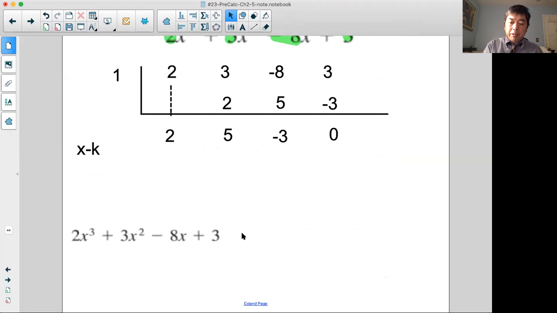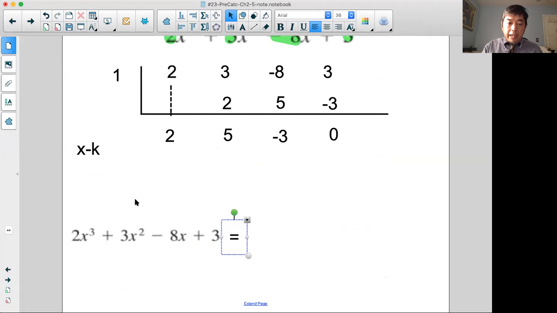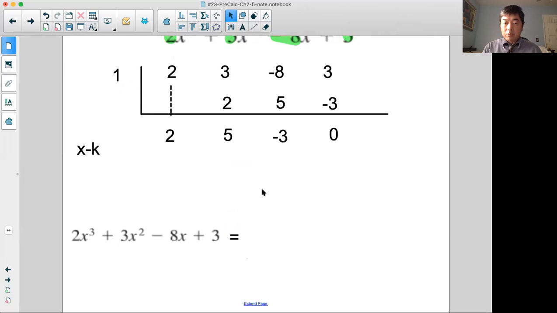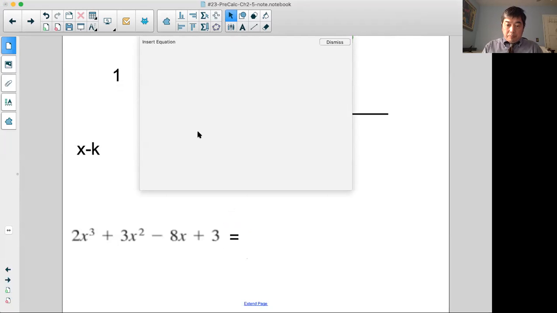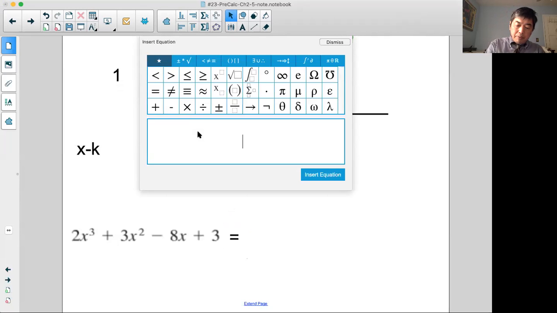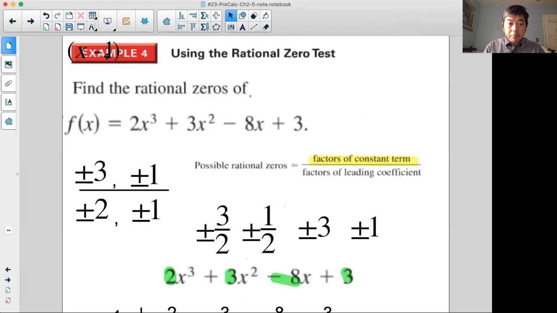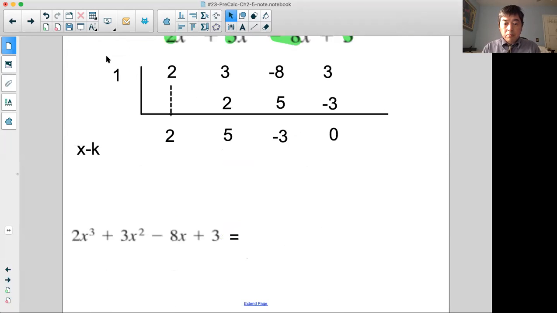So this one, I put the equal sign. x minus k, k is implied in here. So x minus 1 is one of the factors. I just write down x minus 1 at the beginning here. Come here. Okay, now you have to write down this part.